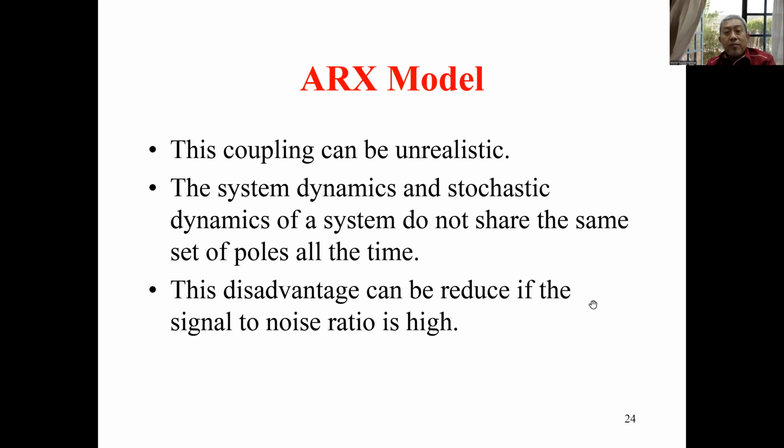So this coupling can be unrealistic, as the system dynamic and stochastic dynamic do not share the same set of poles all the time. This disadvantage can be reduced if the signal to noise ratio is high, meaning that if the signal is good and the noise is low, we can apply an ARX model.